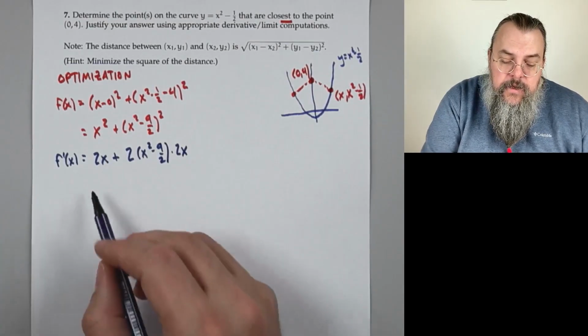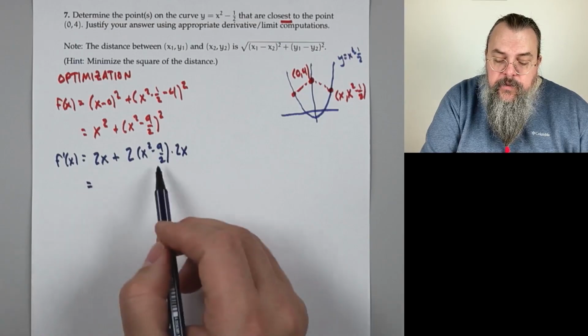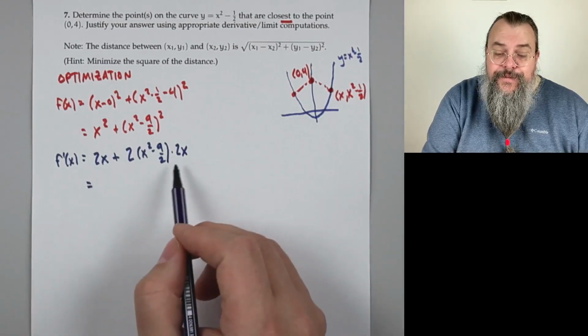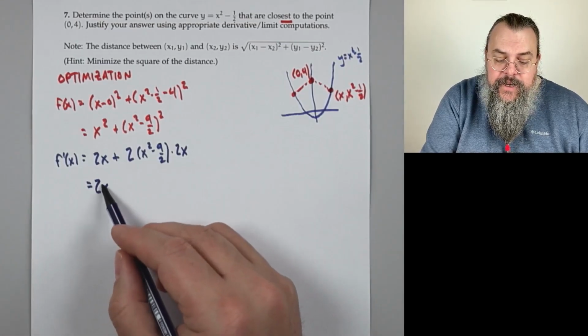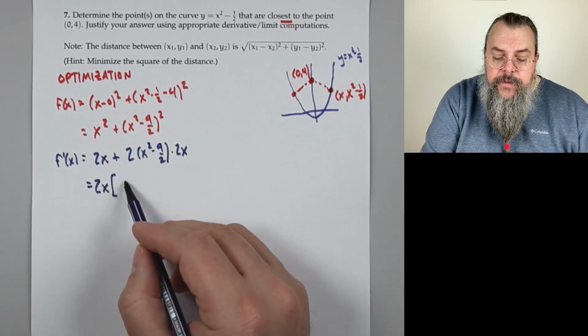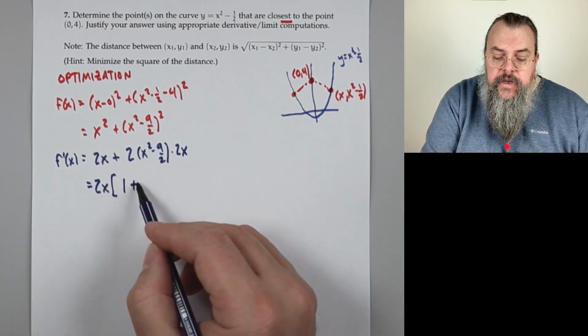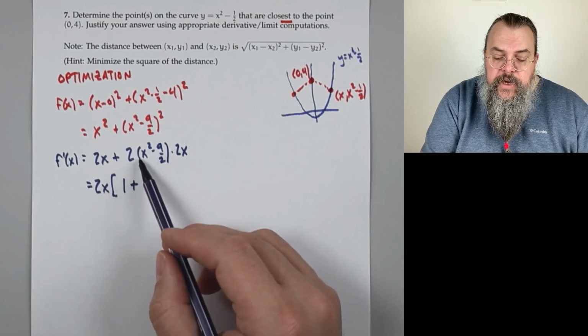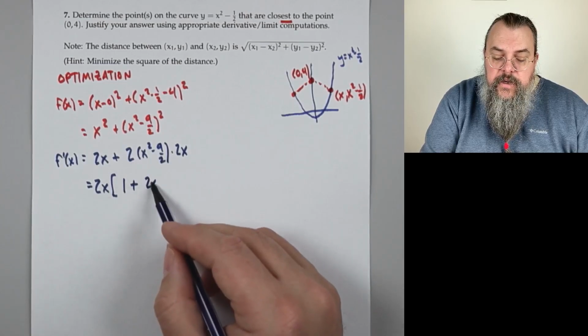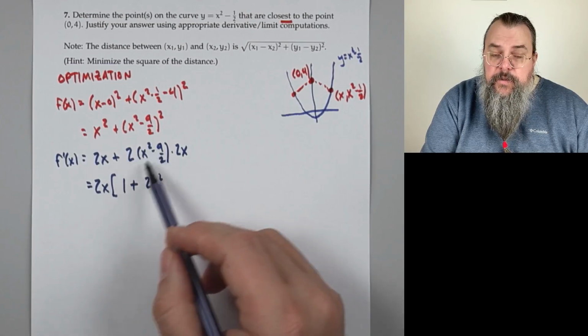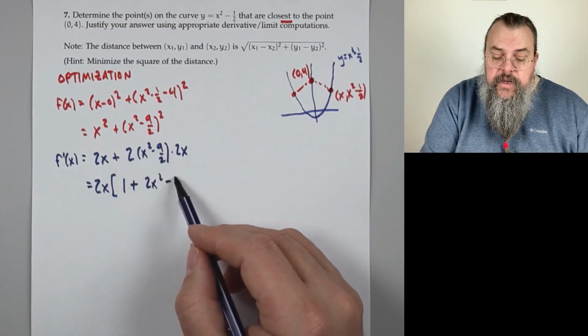Okay, notice both these terms have a 2x involved, so we could factor that out. So we have 2x, then we have a 1, and here we have 2x squared, and then we can multiply the 2 through, and minus 9.